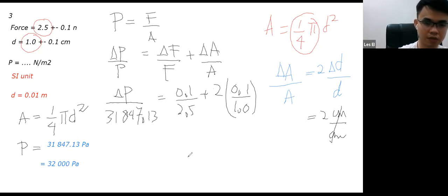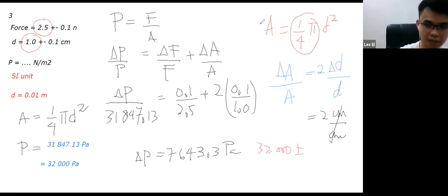So the uncertainty of the pressure is around 7,643. Is it right if you write 32,000 plus minus 7643.3 Pascal? Can it be written in this way?